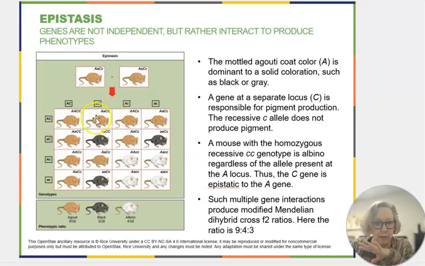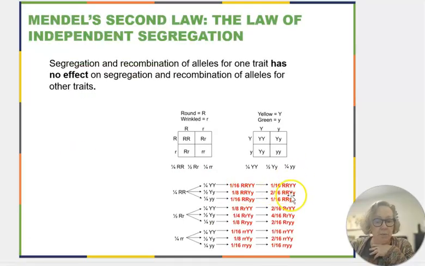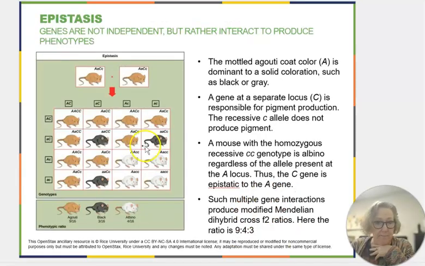I'm just showing you like this so you can see what the ratios are. It would be a dihybrid cross, but you're including epistasis. So this ending section, when we do a dihybrid cross, will just look a little different because you have epistasis. Don't worry about it. I will give you one in class. Okay, and that is all of chapter 12.